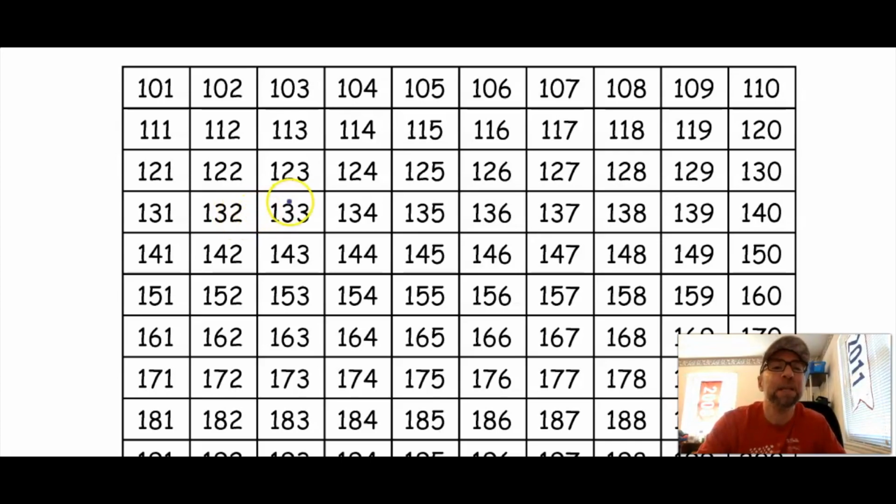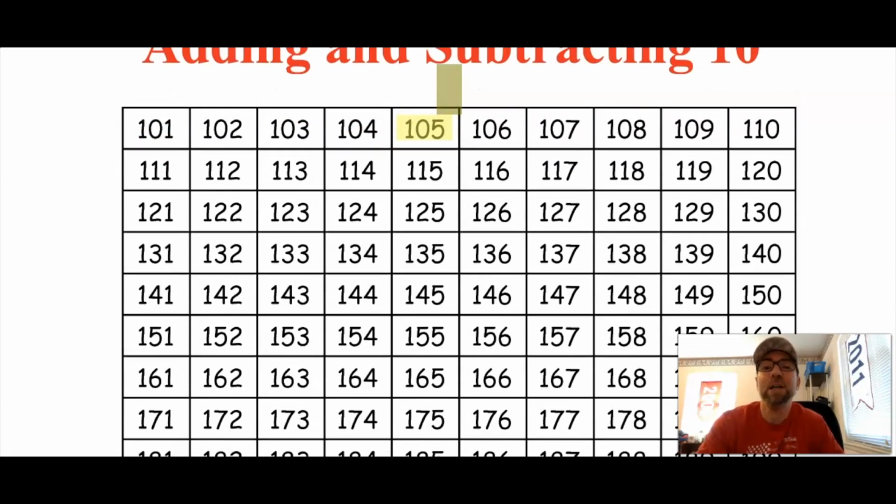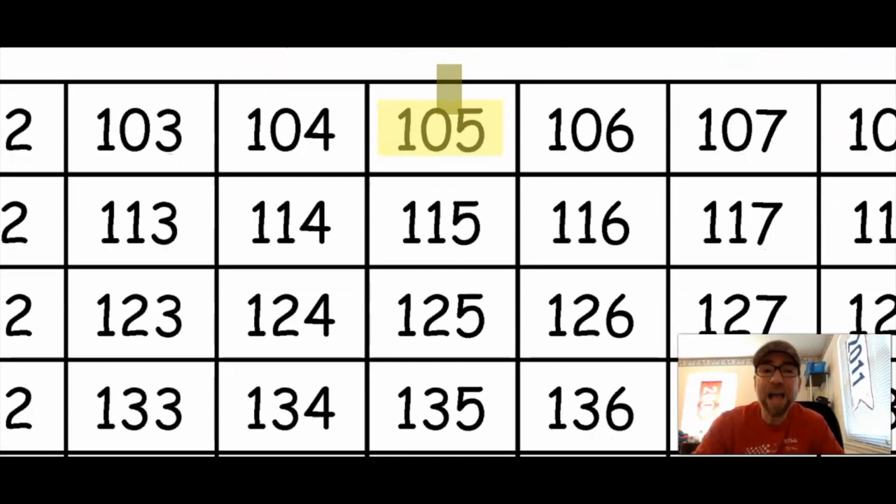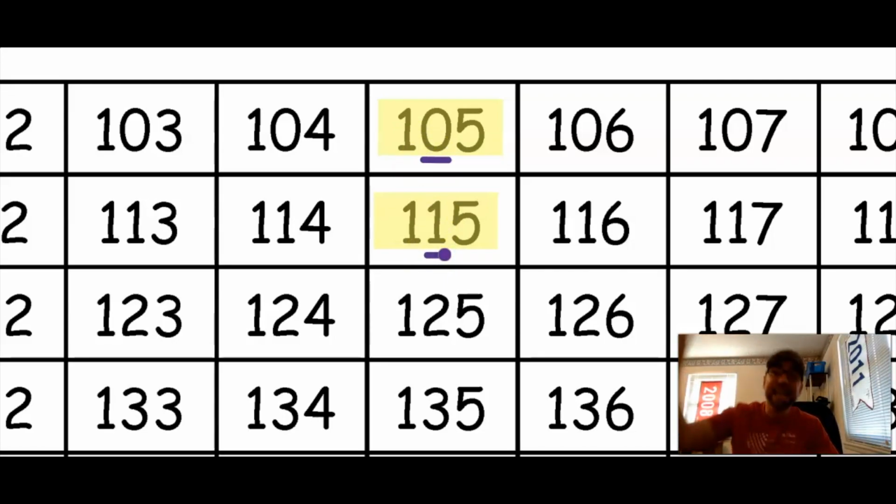Let's take a look. Let's say we wanted to start at the number 105. There it is, 105. If I wanted to add 10, notice that the only digit that changed was the tens digit. It went from a 0 to a 1. It increased to the next 10. 105 plus 10, 115.